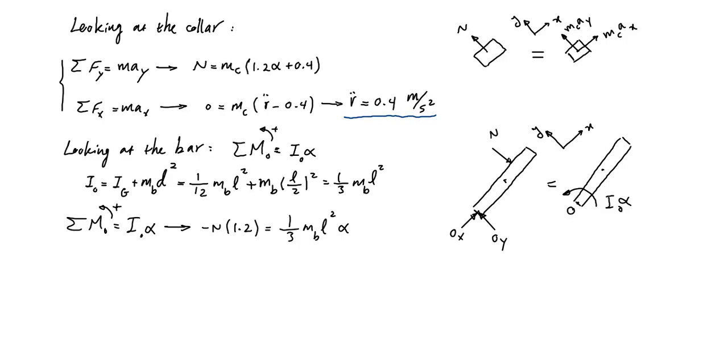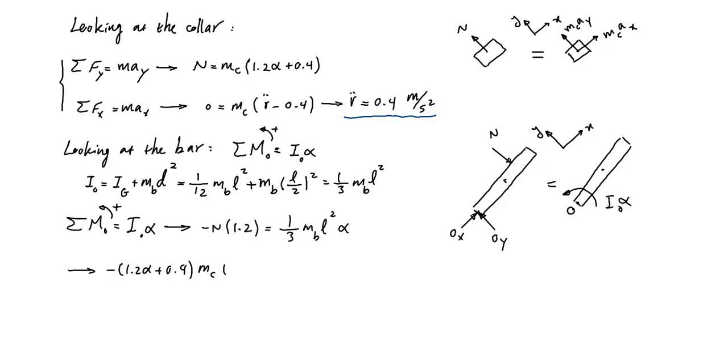Right, I can replace N from before. Well, I have N here from the previous equation. So now I have two equations and two unknowns, N and alpha. So I replace N from the previous one into this equation. I'll get minus 1.2 times (alpha plus 0.4 times MC), right?